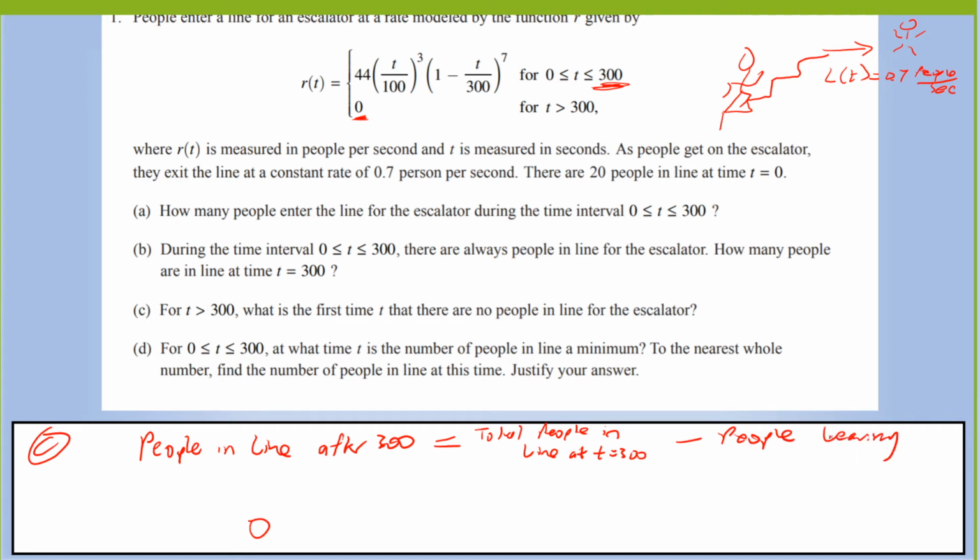Okay, for part B, we found how many people were in line at 300 was 80. So I've got 0 equals 80 minus the total number of people leaving.